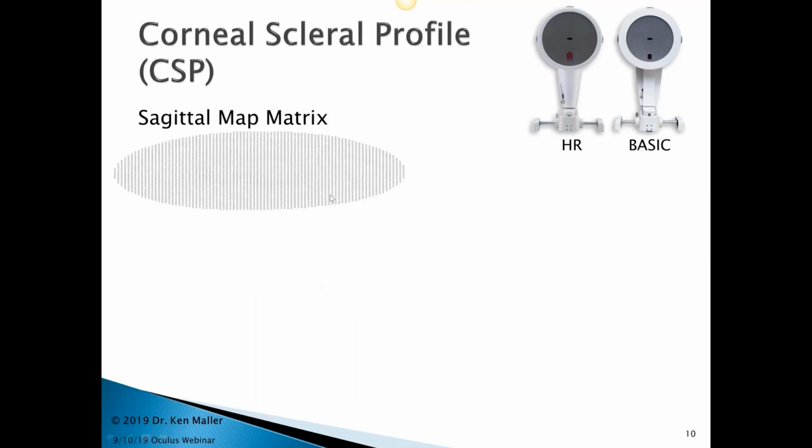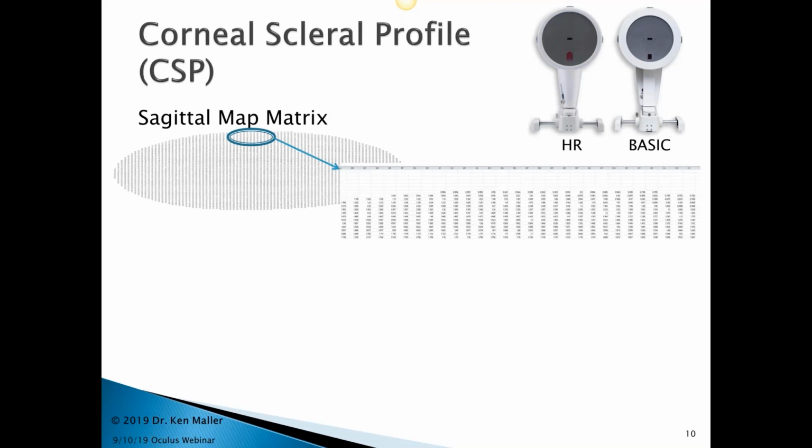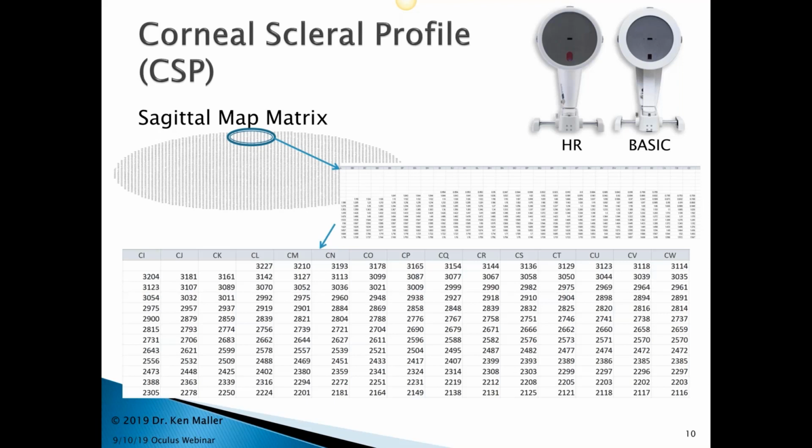All right, moving on. This is actually the much more interesting stuff here. What we have here is a sagittal map matrix. And yeah, I know that doesn't really look very exciting, and that's because it's just too small to see. This is actually a spreadsheet, and I've blown up a little bit of that area, and a little bit further, so you can actually see that this is the scleral map matrix of sagittal depths that are being output.